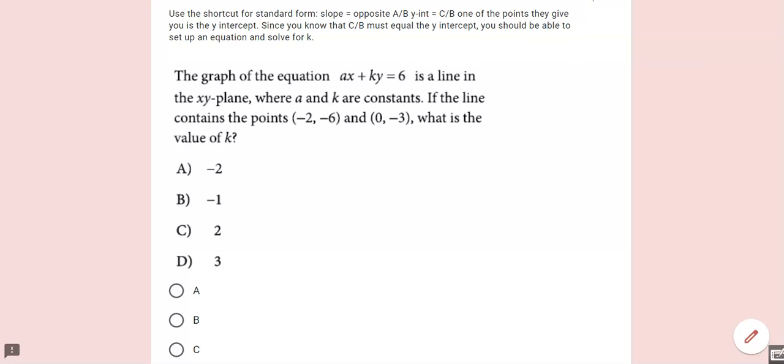says the graph of the equation ax plus ky equals 6. So we have ax plus ky, normally that'd be a b, 6 is our c value, is a line in the xy plane. A and k are numbers, constants. If the line contains the points, so they give me 2 points. They give me one x comma y, but then they give me another x comma y, and again, this one is a special one.